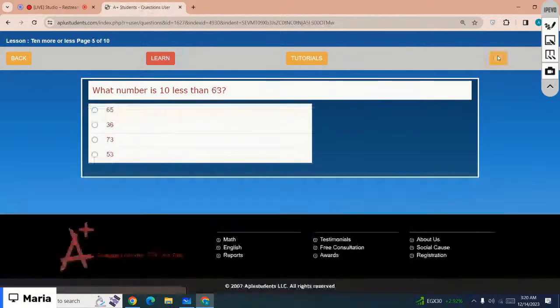Okay, the next one is what is 10 less than 63? So which is the correct option?